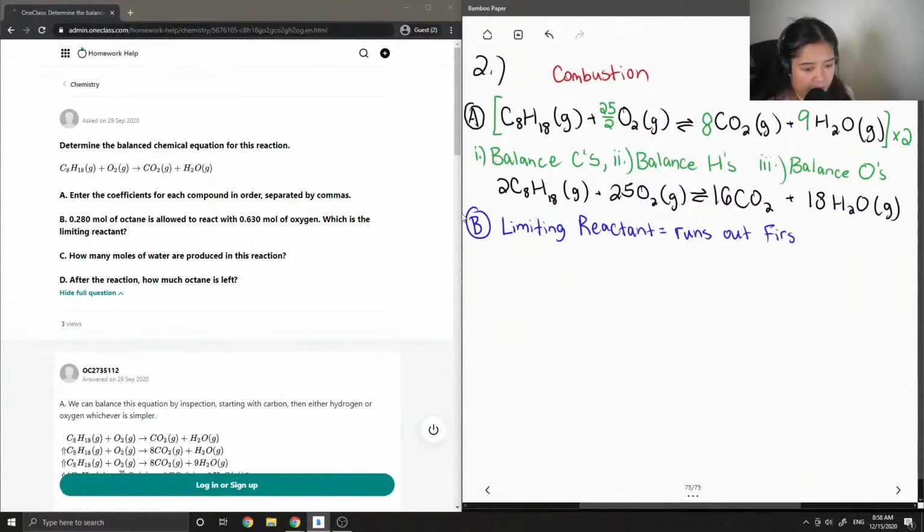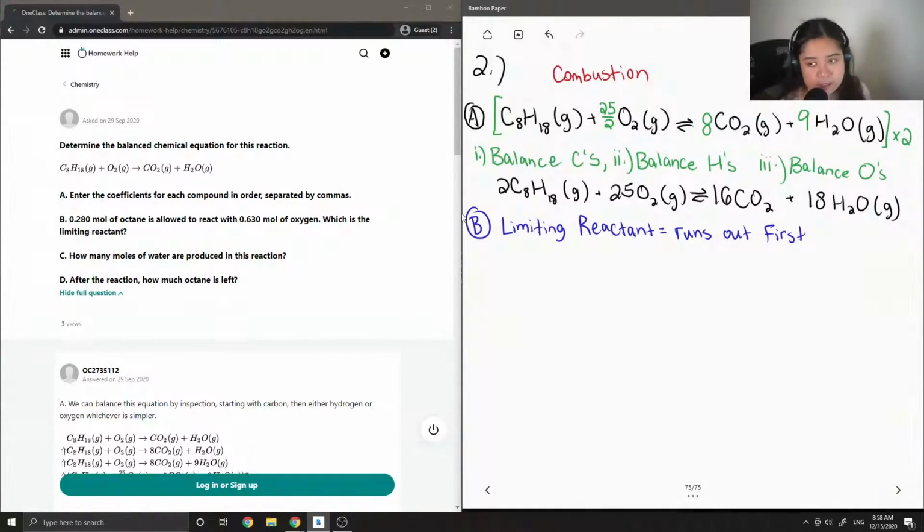Because most of the time you won't have an equal amount of reactants, and when one runs out, the other one won't always run out. Usually you have one that has more. So the one that runs out first is our limiting reactant.